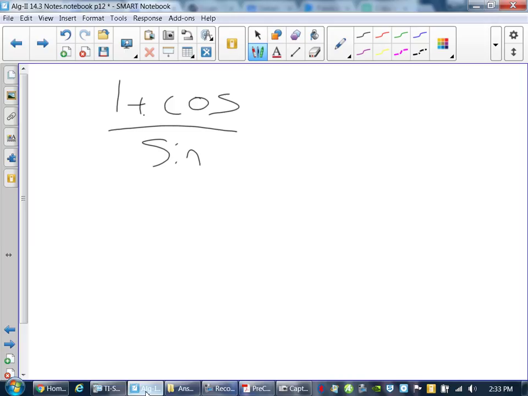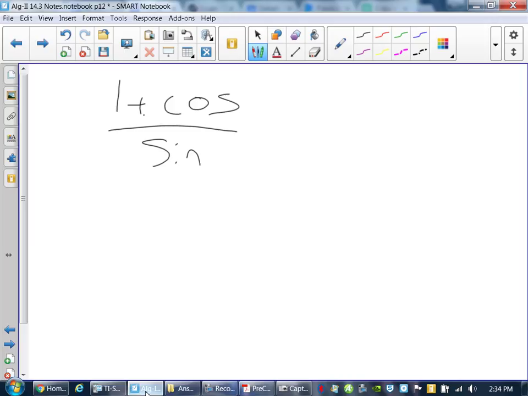Real fast, this will be the last one that I'm going to show you for right now, because we haven't looked at this style in a while. One of the tricks for when you have multiple parts in the numerator and a singular statement in the denominator: split them.